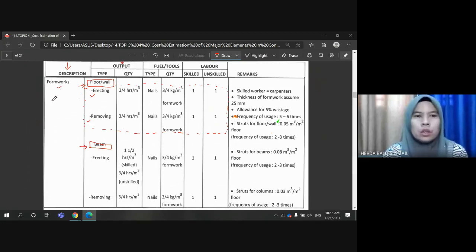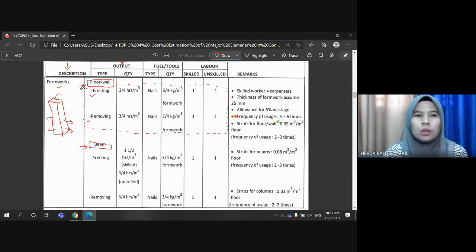So first the workers need to erect or assemble this formwork. And once the concrete has been cured, you need to dismantle or remove this timber. That's why it considers these two scopes of work.